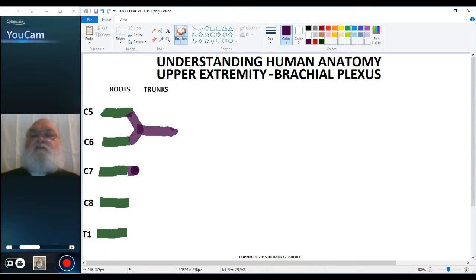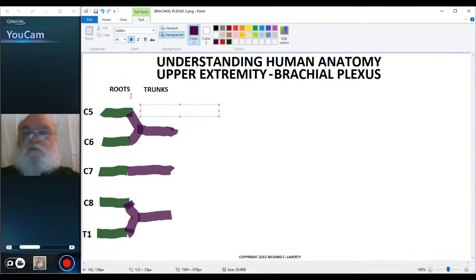The root from C7 will just continue as the second trunk, and then the root from C8 will combine with the root from T1 to form the third trunk.